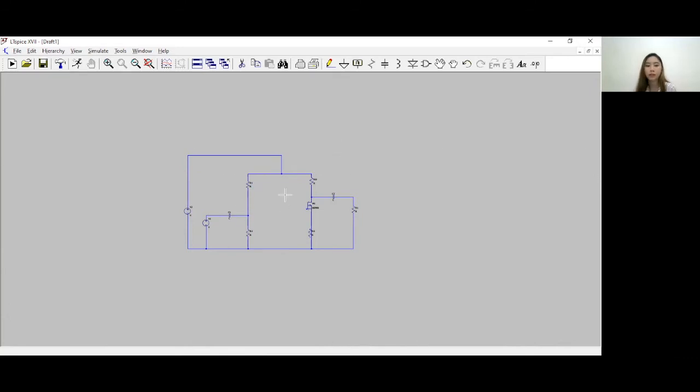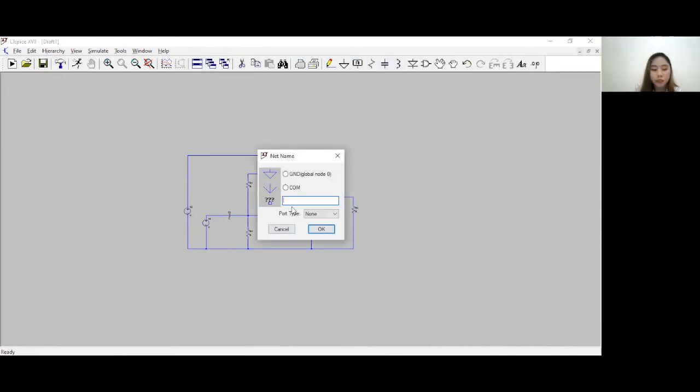Now we are going to put the labels or some names, and we are going to add some net labels. First, we are going to add the VG, and we will place it in here.